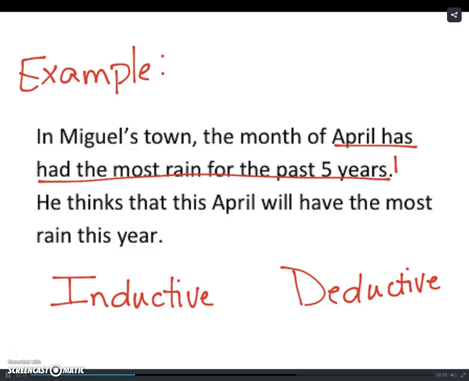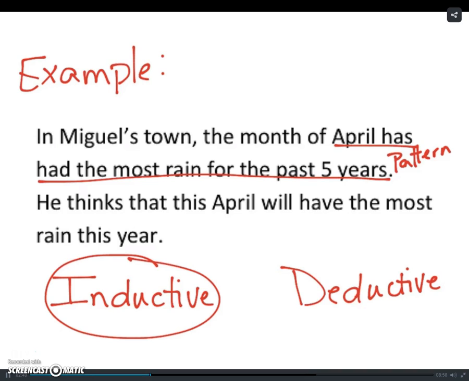That tells us this is a pattern, and he's basing his assumption that this April will also have the most rain on the pattern over the last 5 years. So for this one, it's going to be inductive reasoning because it uses a pattern.